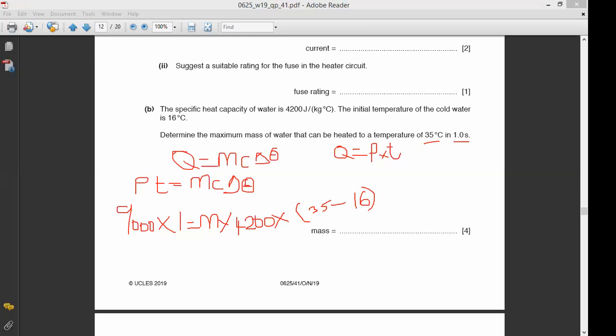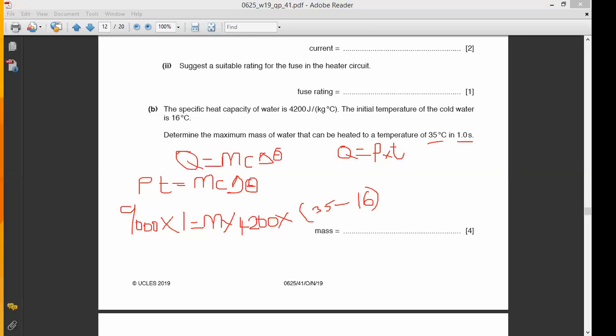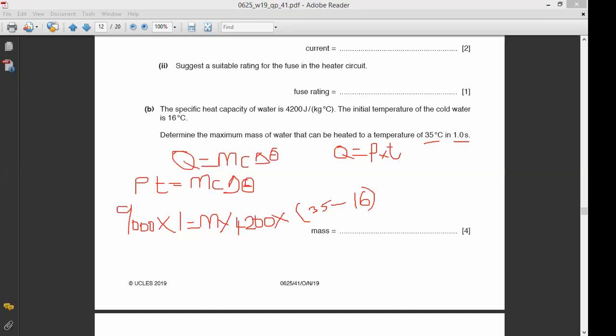I have 8.8. No, it can't be 8.8. Remember, mass will be 9,000 divided by... 0.11 exactly. That's what I wanted to hear.